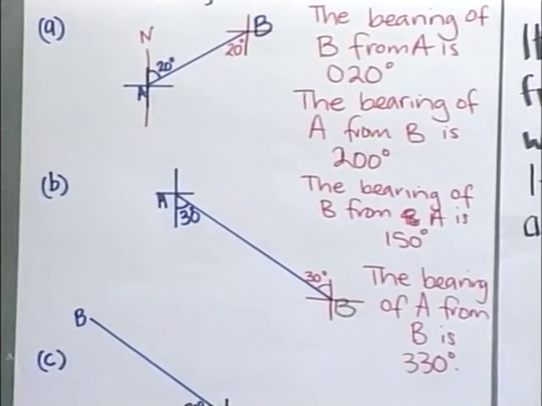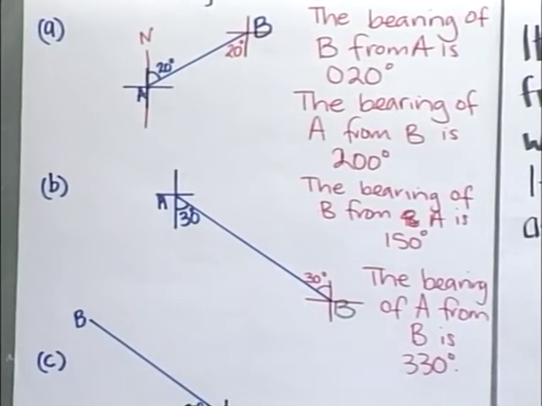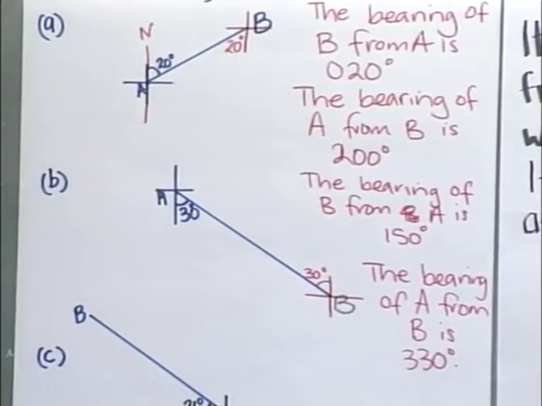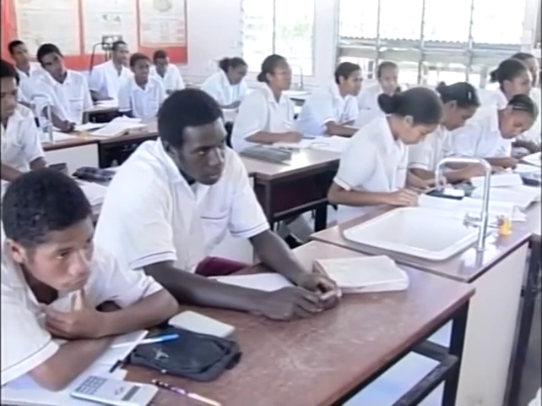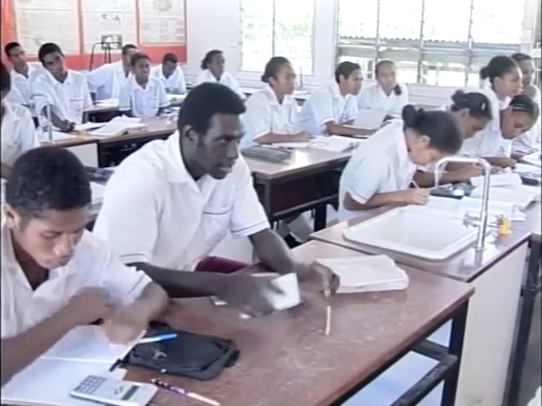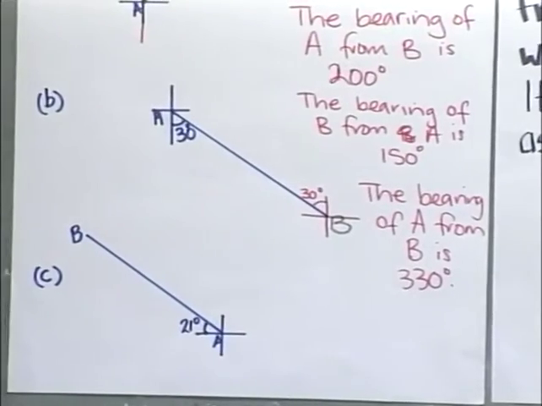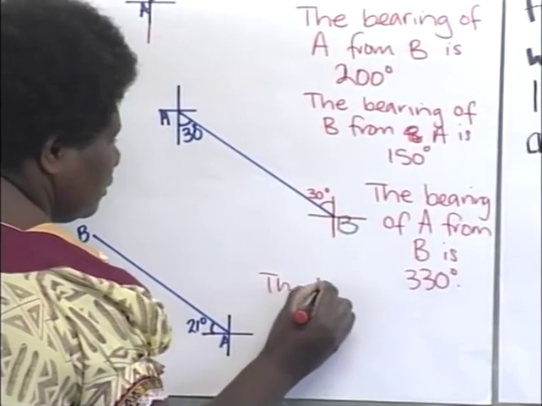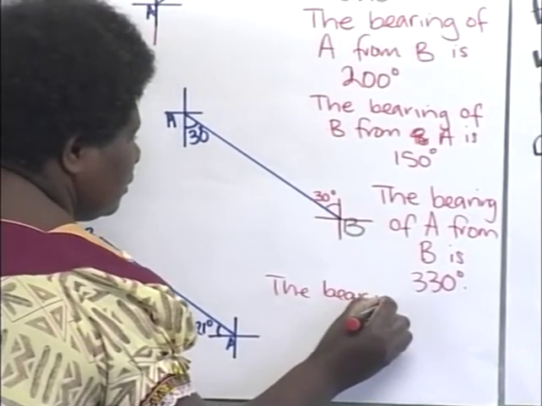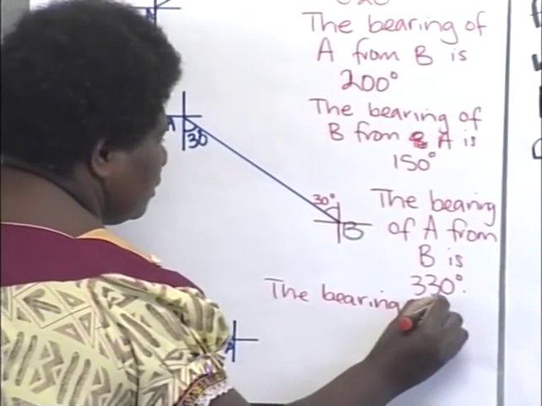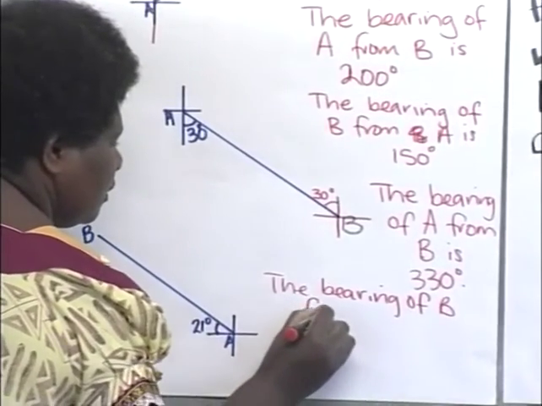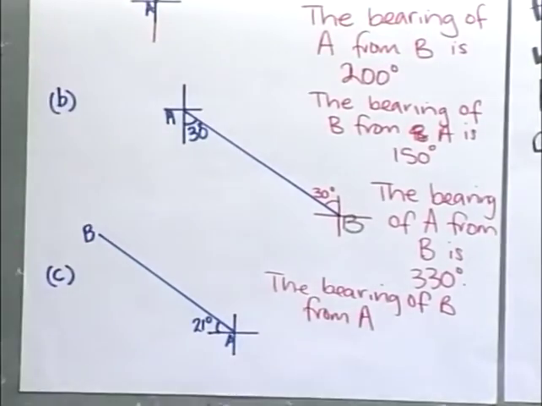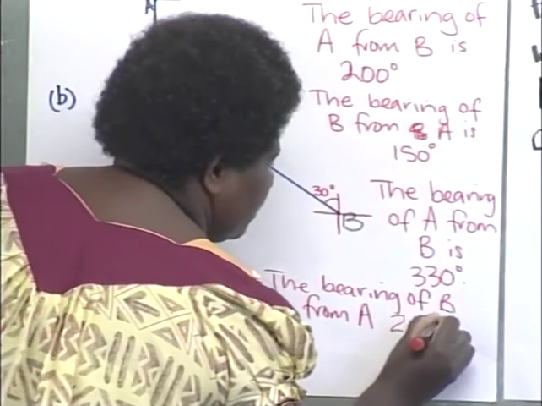Okay, next one. What is the bearing of B from A? Quick. Siegfried? 291 degrees. 291 degrees is correct.